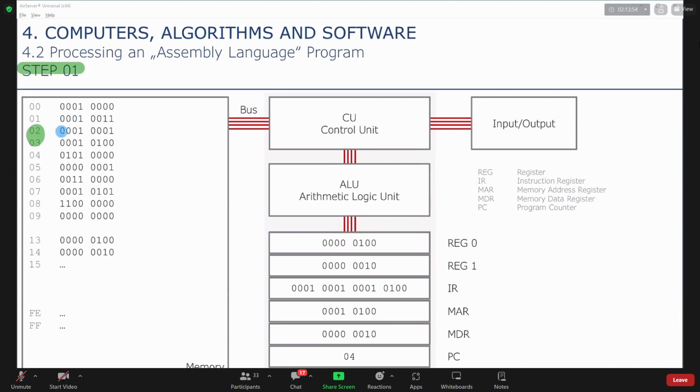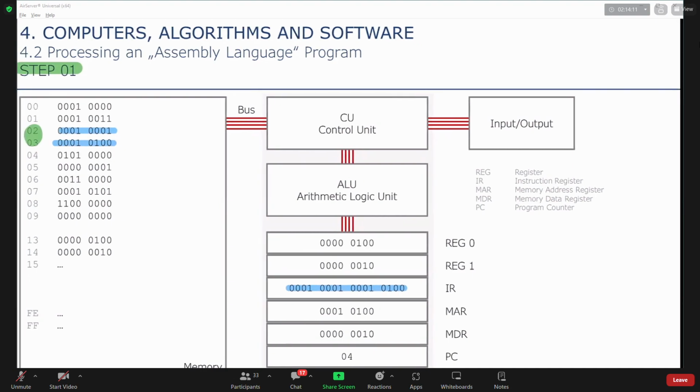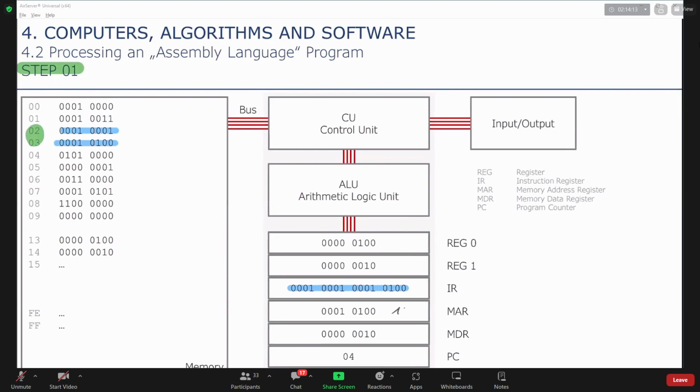So it was that command, that we are storing in the instruction register. We have here the memory address 14, so 1, 4, and the value there is 2.